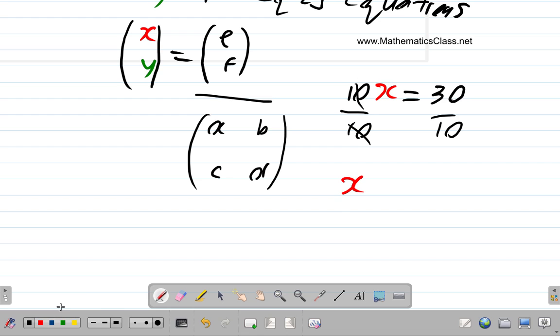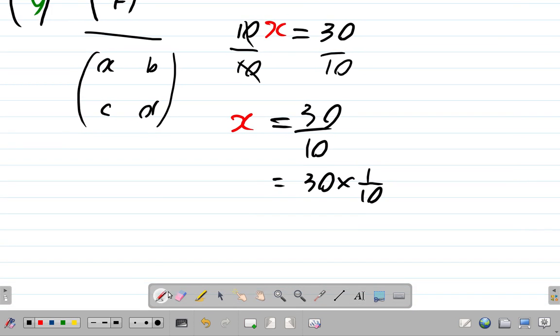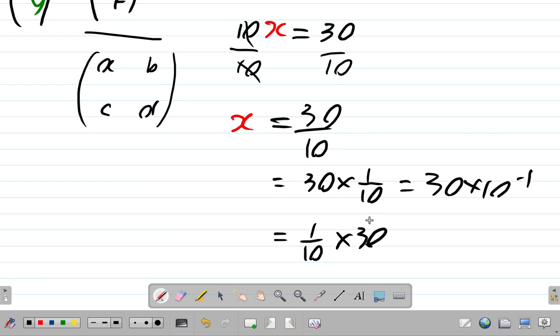So you have X equals 30 divided by 10. Now this is the same thing as 30 times 1 over 10. You see that, remember? Which is 30 times 10 inverse. You can also have it as 1 divided by 10 times 30. Alright. So, this is 1 divided by 10 times 30, which is the same as 10 inverse times 30.